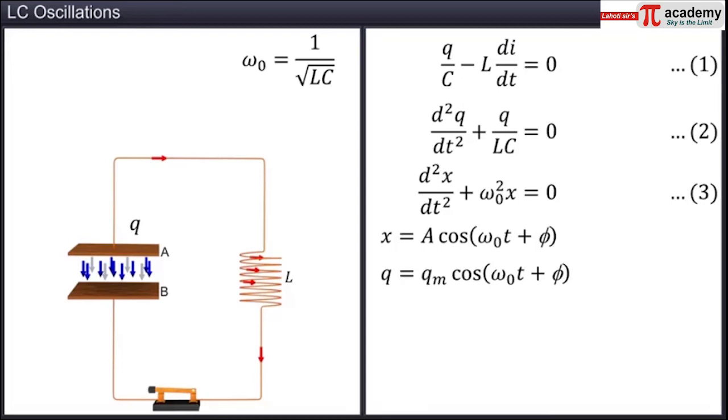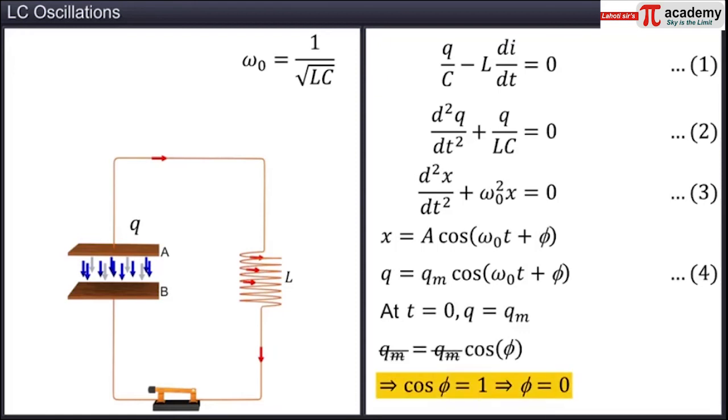Let this be equation 4. At time t equal to 0, the charge Q on the capacitor has the maximum value, Qm, which means that the value of cos phi has to be 1, and hence phi has to be 0.